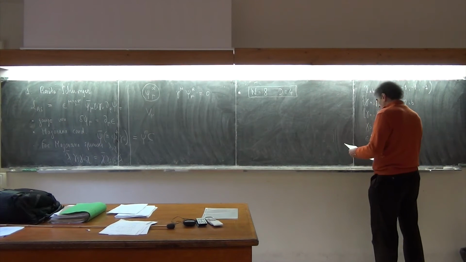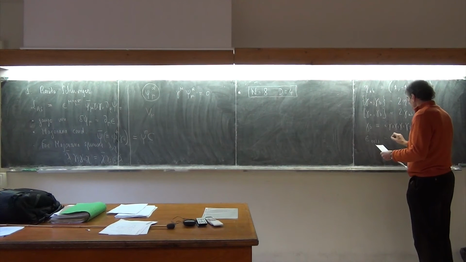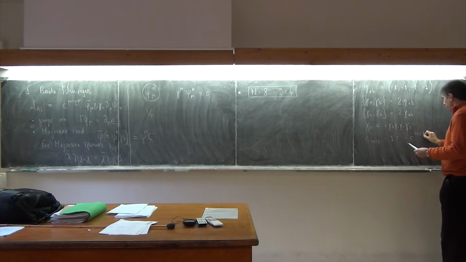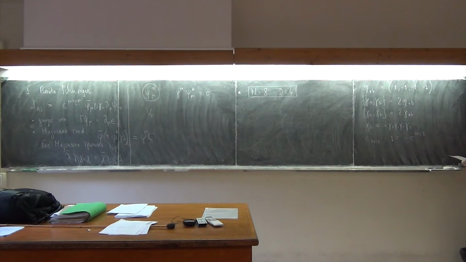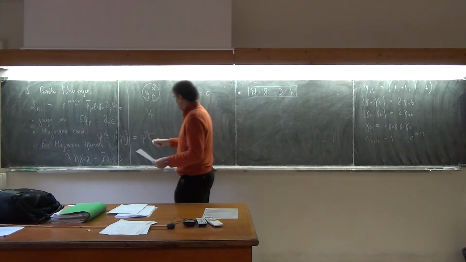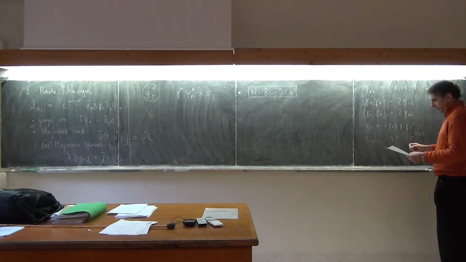My epsilon symbol will be such that epsilon 0, 1, 2, 3 is equal to 1 and is equal to minus epsilon 0, 1, 2, 3 with indices raised. And then what other? Then for the moment, that's it. And then I have to tell you what are the properties of the charge conjugation matrix.